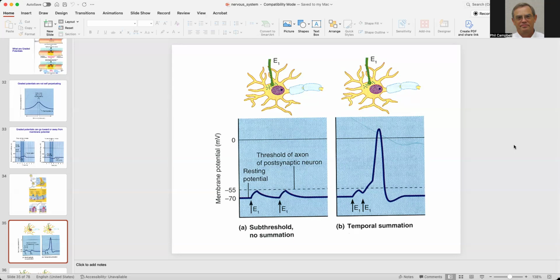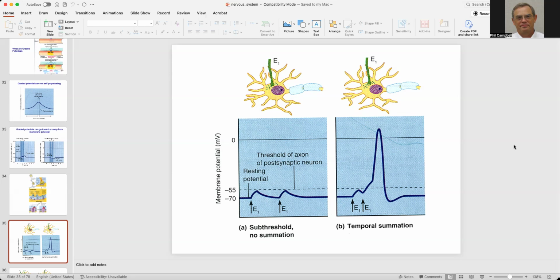In the presynaptic cell, we have a signal being conducted down the length of the axon. It gets to the terminal bud, where we have the synapse. It initiates the release of chemical signaling agents. So we convert an electrical to a chemical signal. It binds to these chemical gated channels. And when they open, they are going to initiate a graded potential.